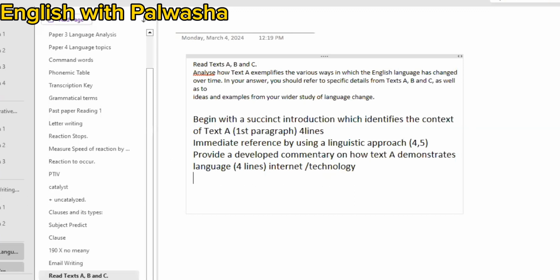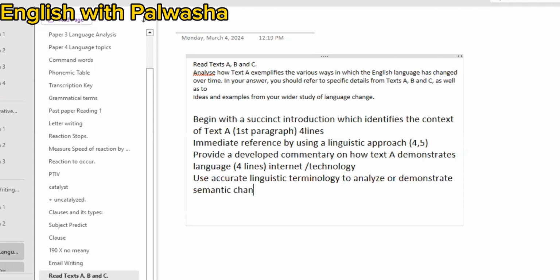Now, the fourth paragraph is going to be, you have to use, again, accurate linguistic terminology to analyze or demonstrate semantic change.